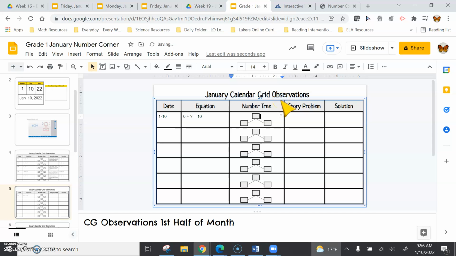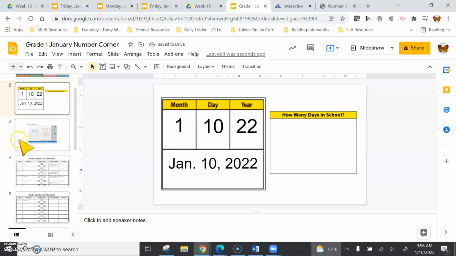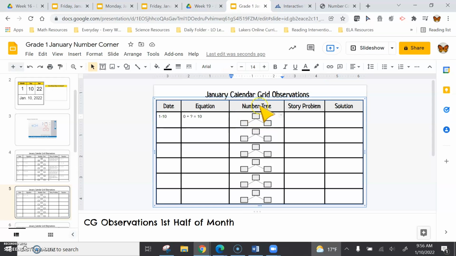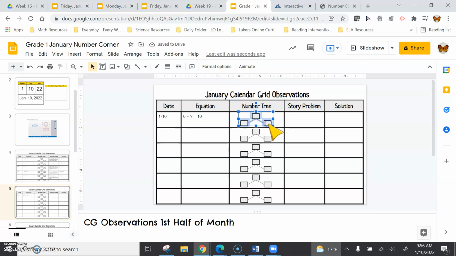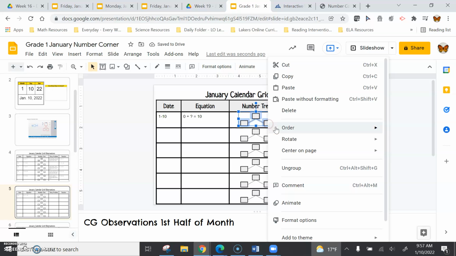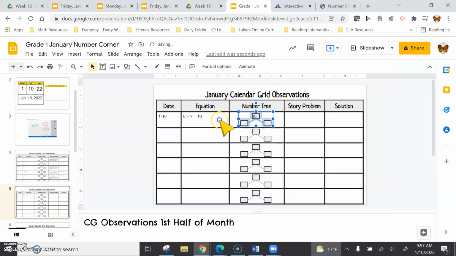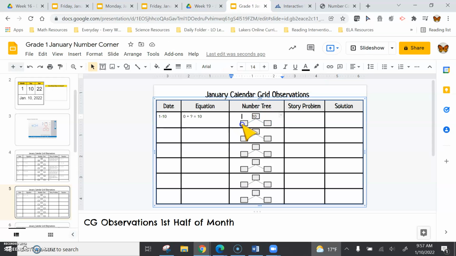We know we have the number 10. We know we have 0.